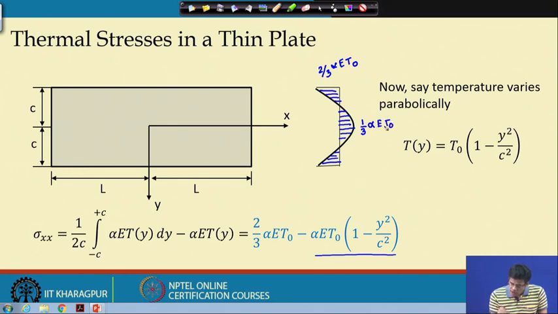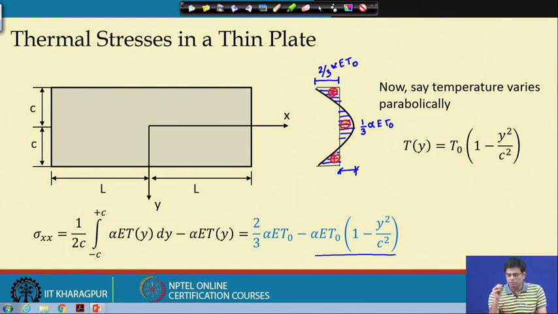So now this is this part, and this is this part. So we can see this is the negative part, and this is the positive part of the stress.